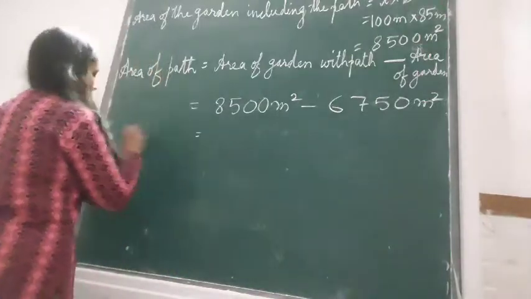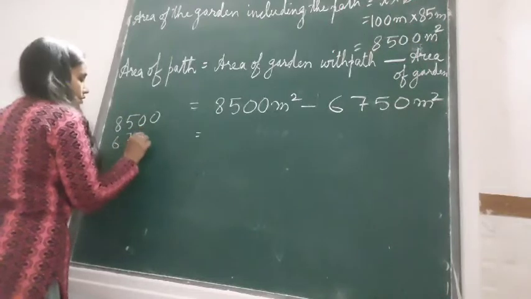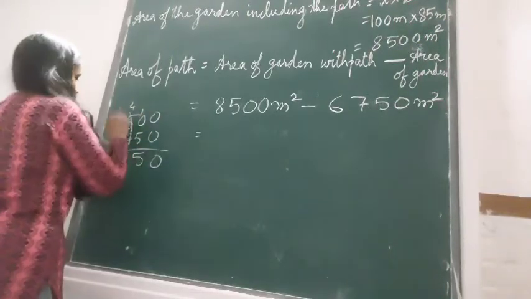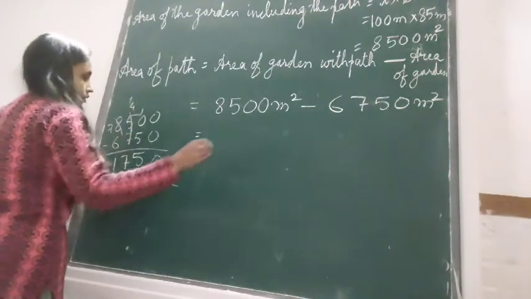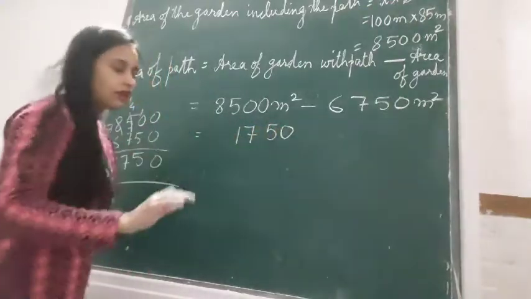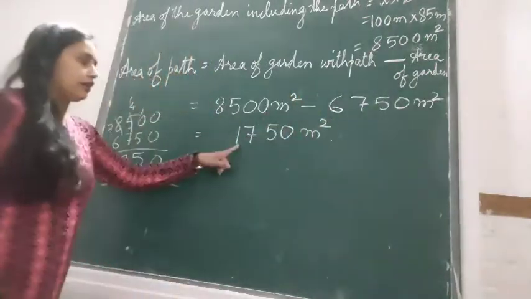Now we subtract 8500 and 6750. 1750. So the answer is 1750 meter square.